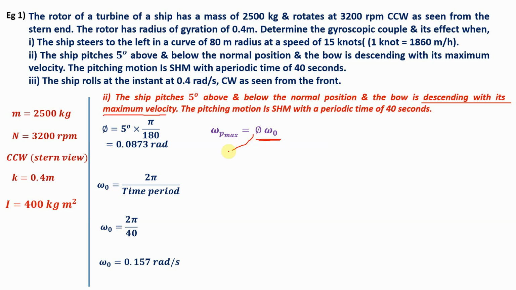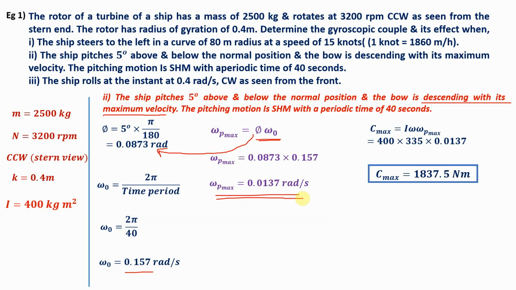Remember that we have to take this phi in radians because it is without trigonometric function. So phi 0.0873 into omega 0.157, we get maximum precision velocity as 0.0137 radian per second. Now corresponding gyroscopic torque acting on the ship during pitching is I omega omega p.